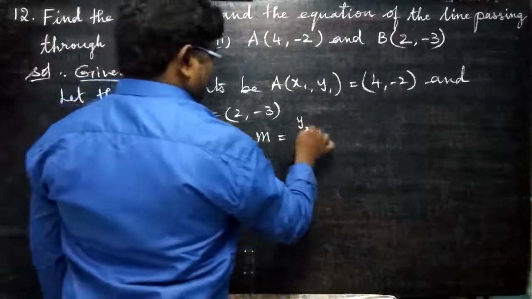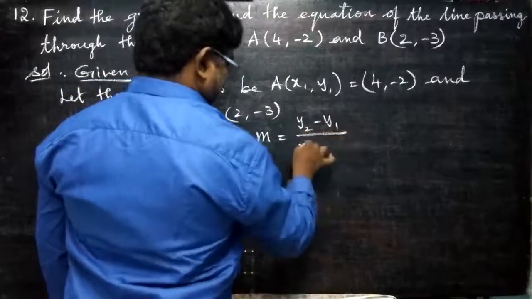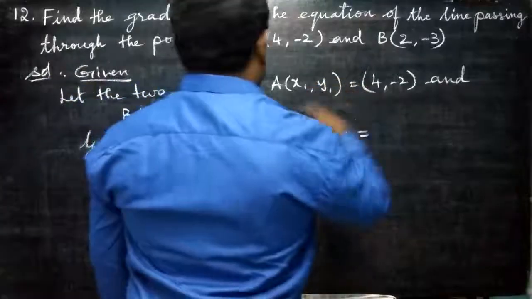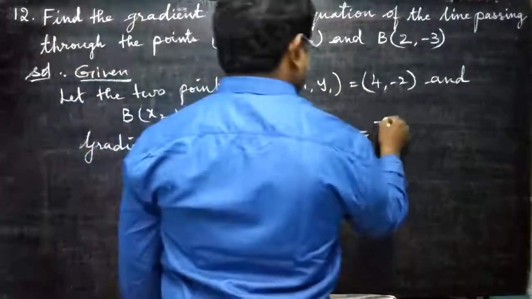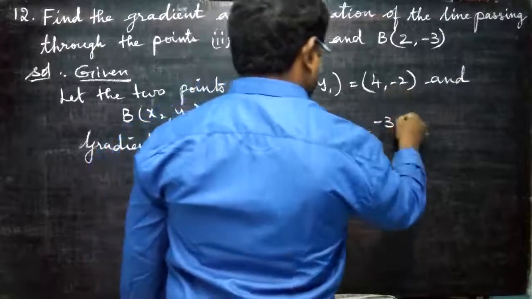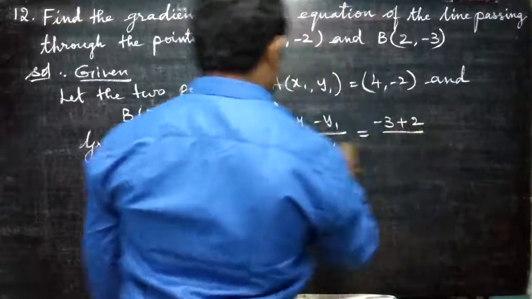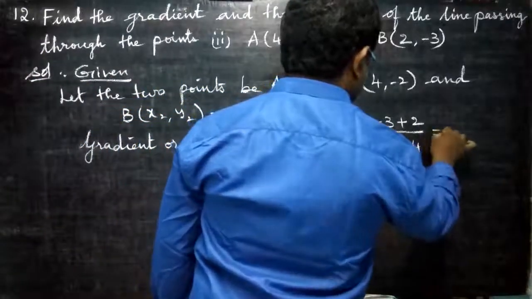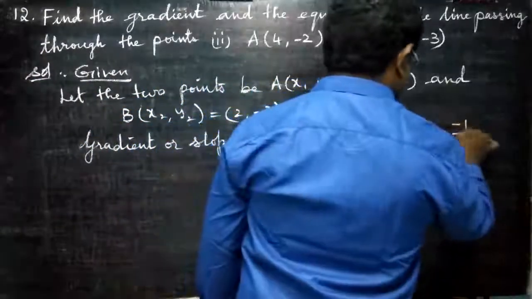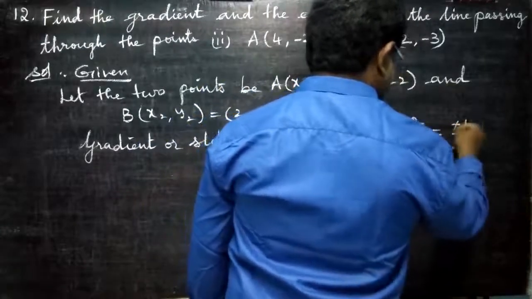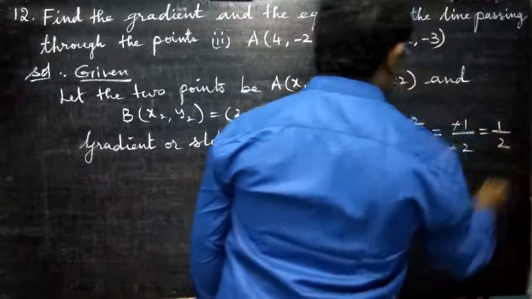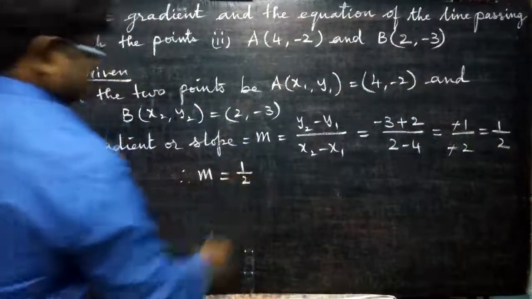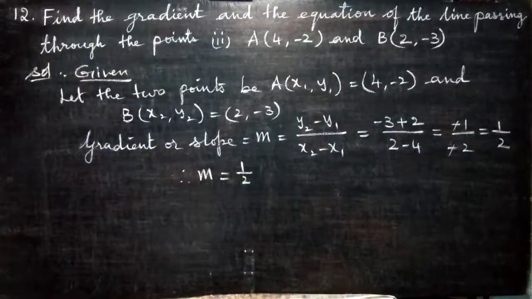M is equal to y2 minus y1 by x2 minus x1, that is equal to minus 3, minus of minus means plus 2 by x2 means 2, 2 minus 4, that is equal to minus 1 by minus 2. Minus minus get cancelled. We got slope as 1 by 2. Therefore, m is equal to 1 by 2. Write that one.